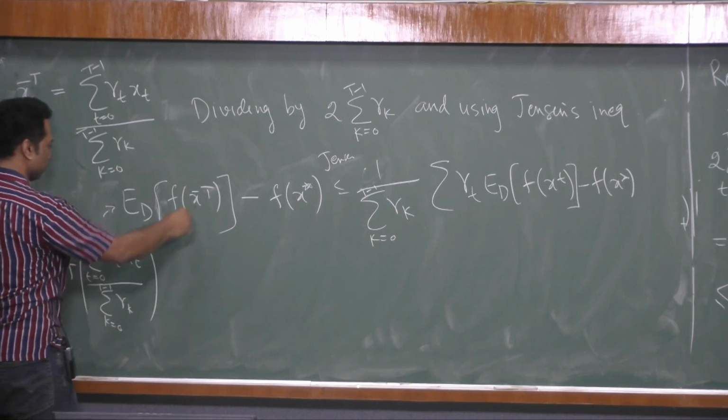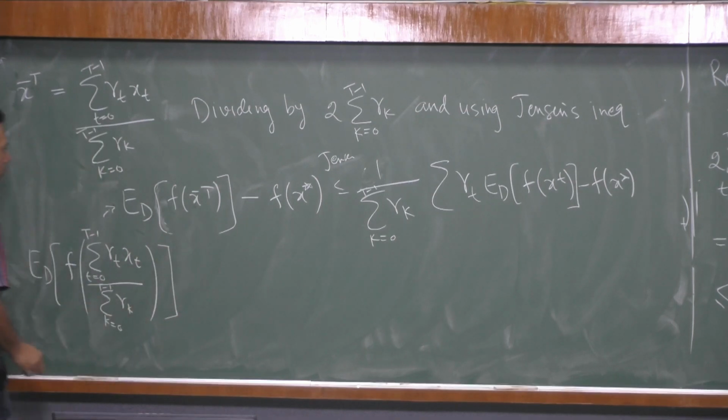This is a constant, so there is no role here. So basically we have to prove that this is less than or equal to, f itself is convex, right? If f is convex, then these are like the averages of the terms here. So this is like the convex combination of the terms here, right? So if f is convex, then this itself will be less than equal to, and this will come out.